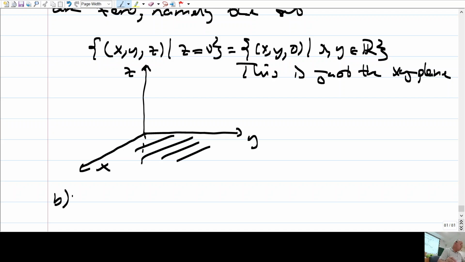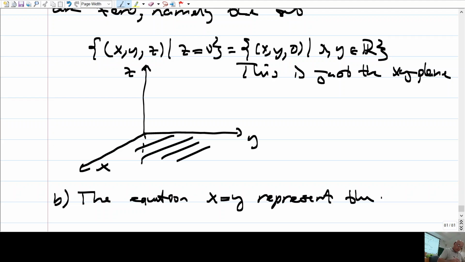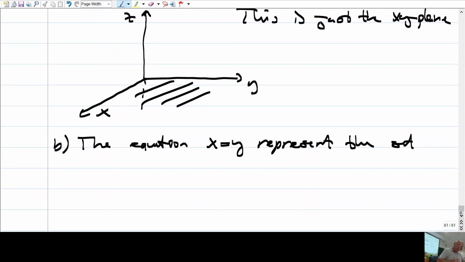Another one. The equation x equals y represents the set, what?